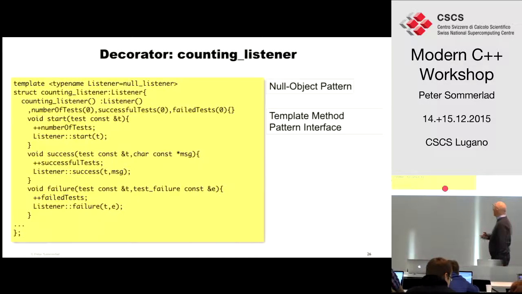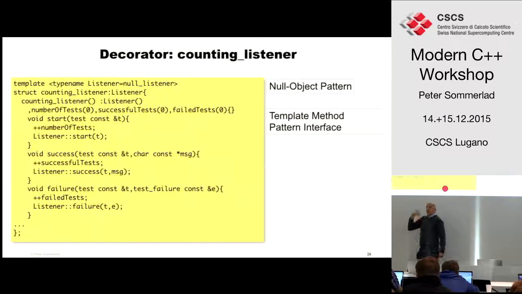It adds a number of counters, initializes them to 0, and then implements these success and failure functions and always delegates to its base class that it takes as a template parameter. The default again is a null listener, so we have a termination of the recursion, but we can now add and stack these listener objects around, and that's again the principle of the decorator, but now at compile time.